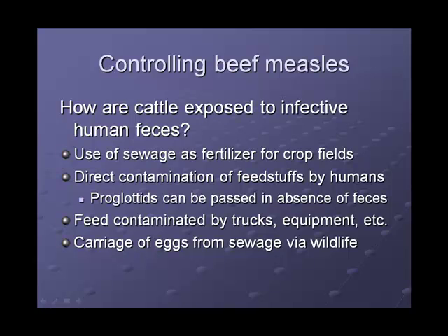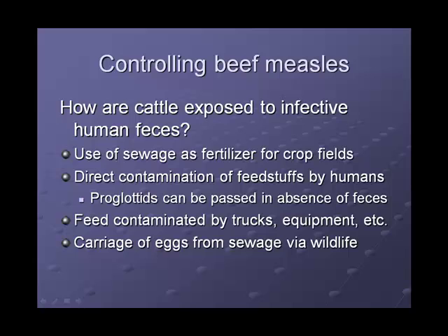But again, recognize that you can pass these proglottids in the absence of feces, and so you don't have to have that deliberate of an act in order to have an infected individual transmitting it to cattle through contaminating the feedstuffs. You could also have feed contaminated by trucks or equipment.